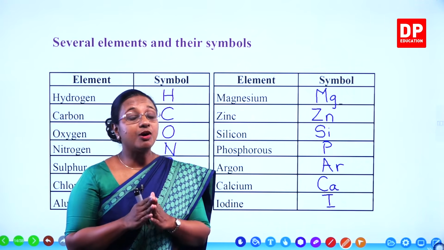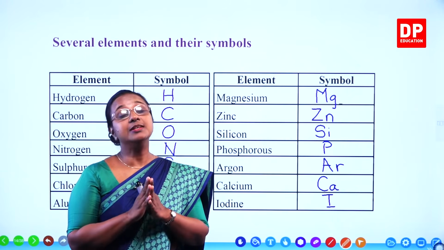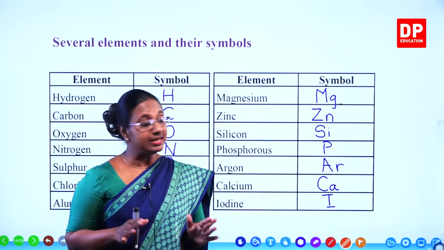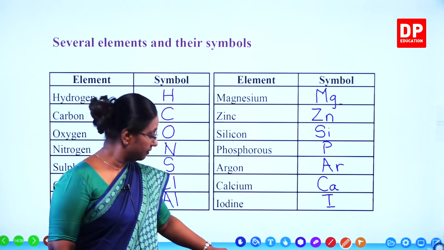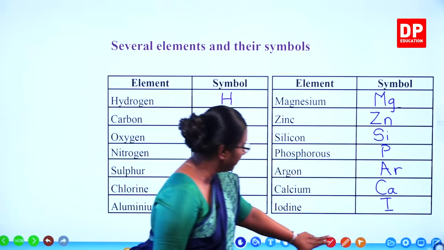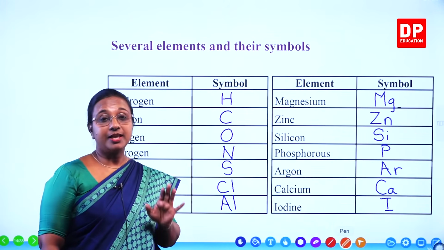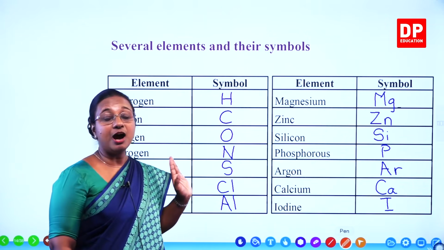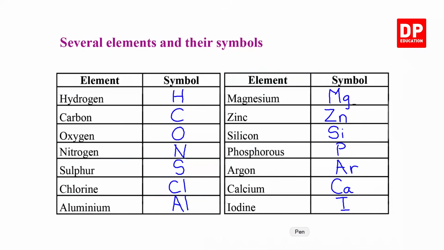The second letter of the symbol has to be a simple letter. So you have to remember all these guidelines and the way of writing these elements. This is a table that is there in your textbook as well. I hope you can understand how to write the symbols for elements.